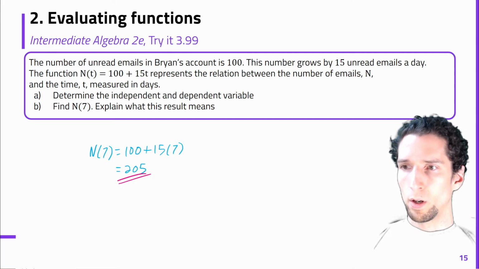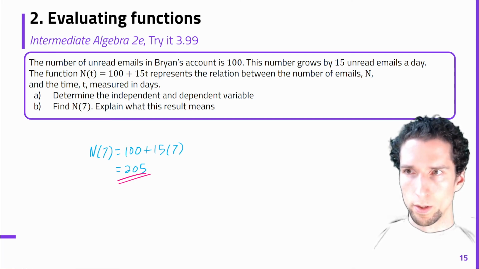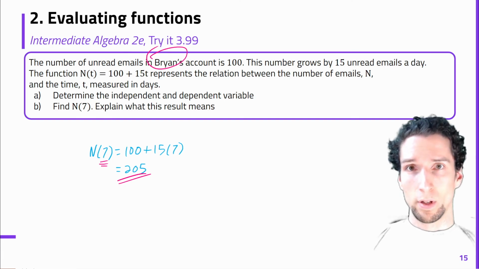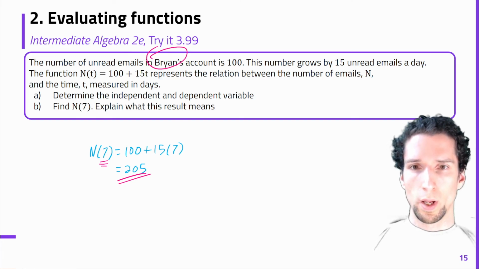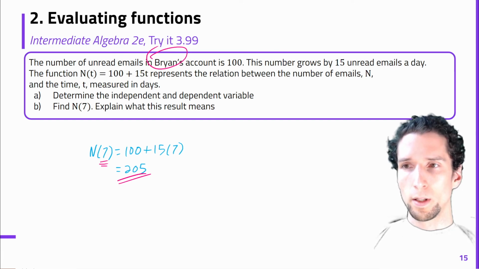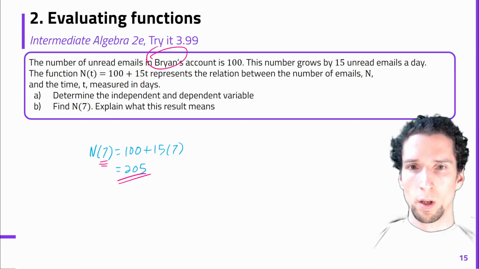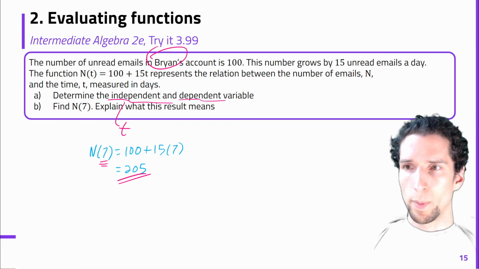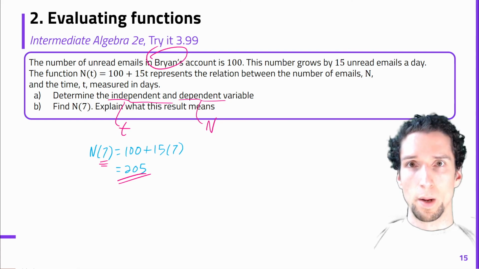This is the number of unread emails that Brian will have in his account after 7 days. So the number of total unread emails after 7 days, that's the interpretation of the problem. Independent and dependent variables are the same as the other one. t is independent, the number of days passed, and the dependent is our capital N, which represents the number of unread emails.